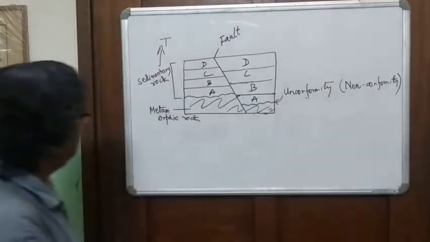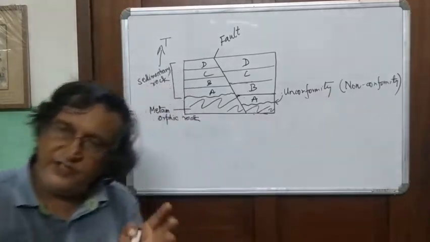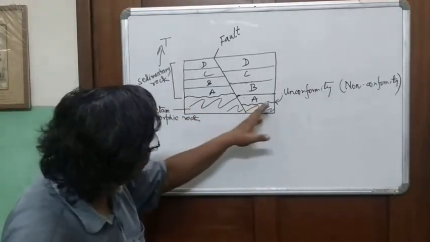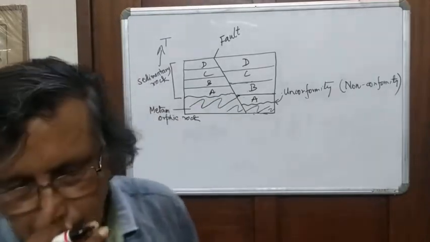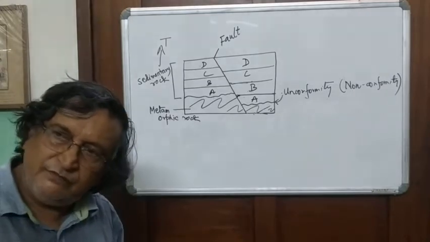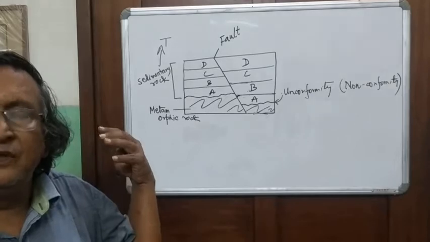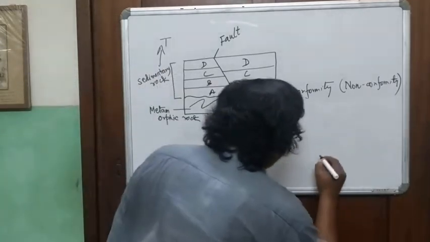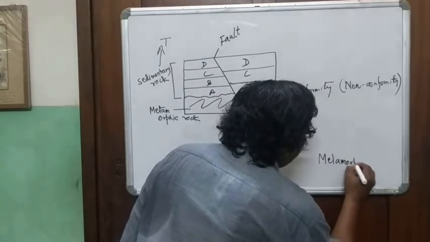Let me check the time here. So, this is an unconformity, which is a non-conformity, we agree. There are metamorphic rocks here, and there is a fault plane here. So, what was the sequence of events? Which was the oldest? The oldest rocks were the metamorphic rocks.